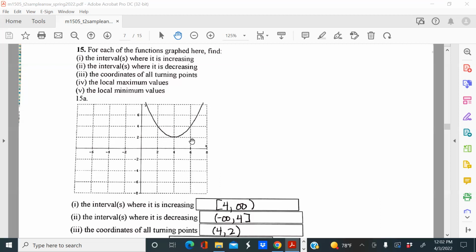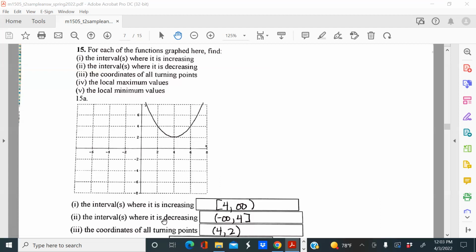So as you move from left to right along the x-axis in this graph, notice at first the curve is falling, right? And apparently, since the curve is not cut off here, I guess we're left to assume that this curve extends in the same fashion all the way to the left along the x-axis. So that means this curve is going to be decreasing starting at minus infinity on the x-axis and then going up to this point, where it switches from decreasing to increasing, and that's at 4 on the x-axis.